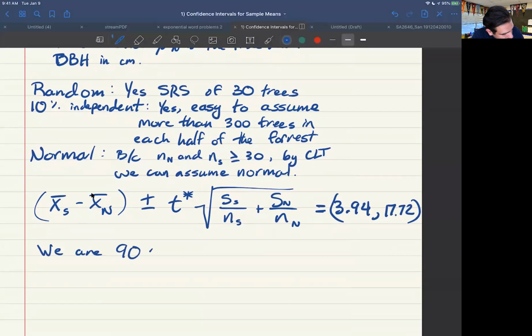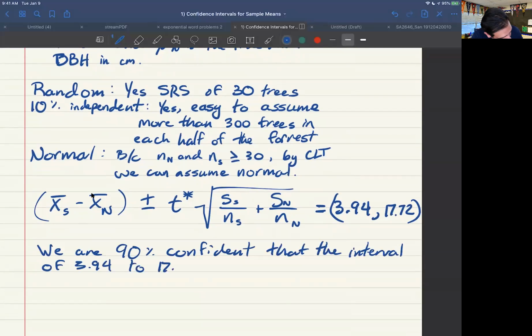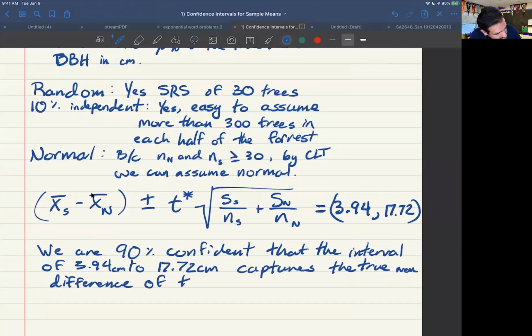We are 90% confident that the interval of 3.94 to 17.72 centimeters captures the true mean difference of trees' DBH from the north to the south.